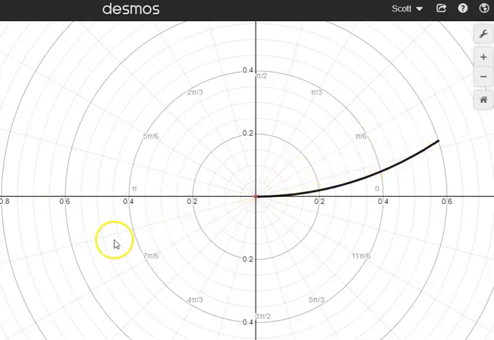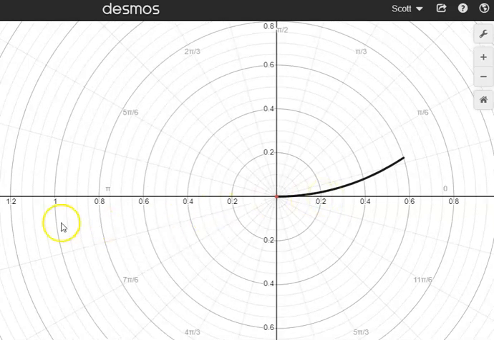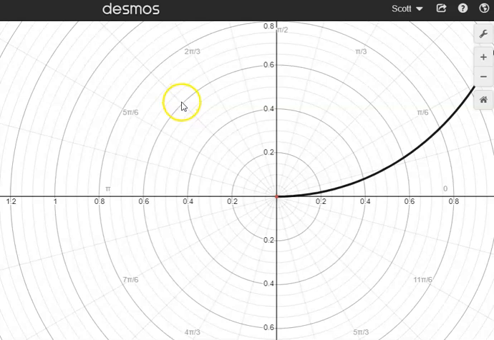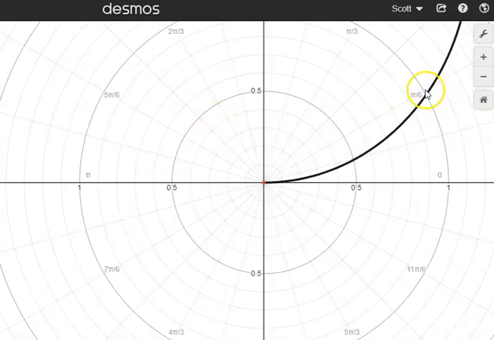When we get to pi over 6, now pi over 6 is just about a half a radian. So when we get to pi over 6, we should see values of r that are about twice as much, so about 1. Now notice the scale here. This is 0.5 and then 1. A little bit more than 1, of course, because pi over 6 is a little bit more than a half.